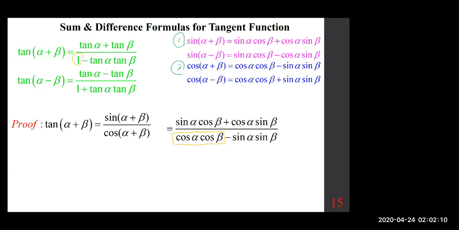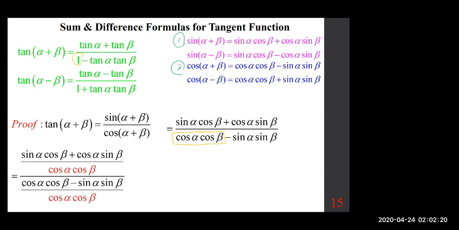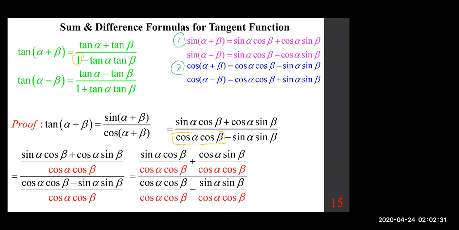So how do you make it 1? Well, not a problem. Divide everything by cosine alpha, cosine beta. Okay? So now, they cancel each other.